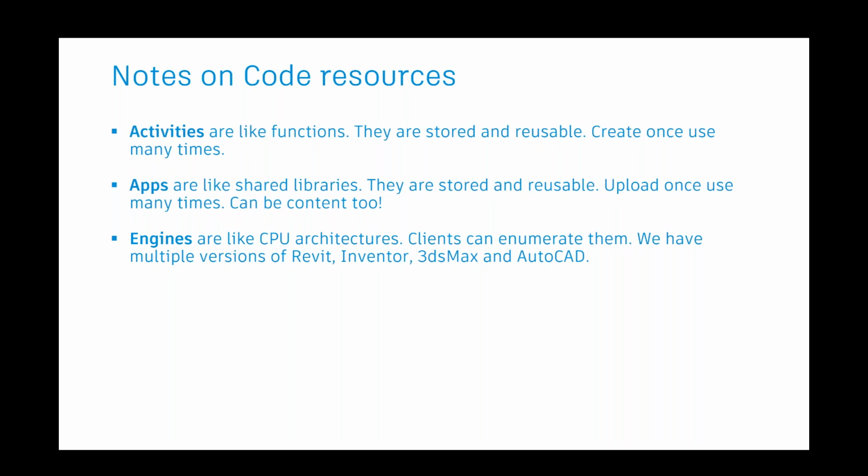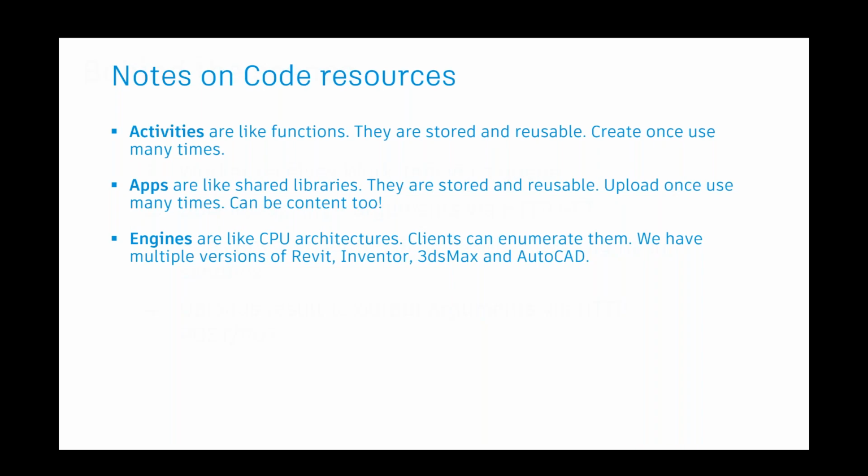Similar with apps, they are created once or updated a few times, but they're used over and over and over. Apps can also contain content. So if you're looking at something like a configuration app, those could be template files that are used to generate the output. And then the engines are the actual desktop server engines that we host up in Forge to automate the workflows.